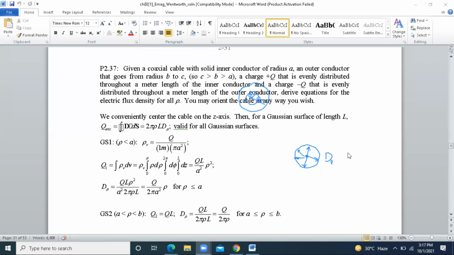Right. If you get a cube, it's going to be in AX, AY, and AZ. But for the cylinder, you only have it in the rho direction.